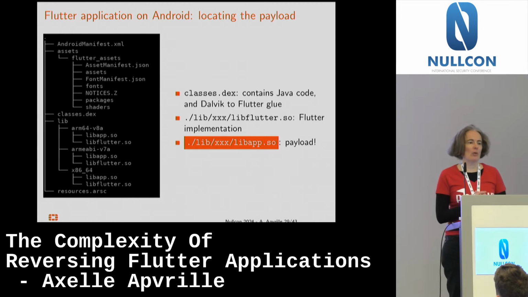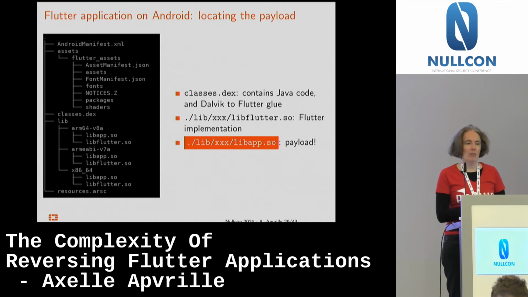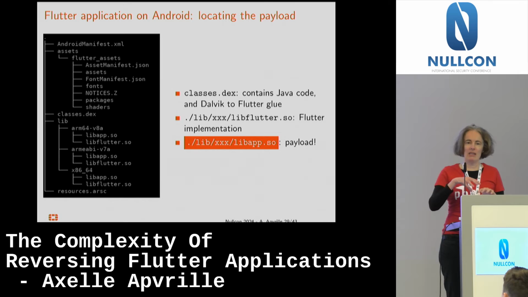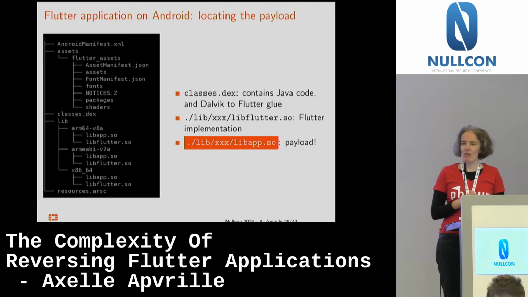In there, you are going to have a Dalvik executable, which is named classes.dex. And usually all the payload, the interesting stuff, is in that file, classes.dex. Here, because this is a Flutter application, you won't have anything interesting in classes.dex except something that is initiating the Dart environment. Okay, so it won't be interesting to read at all.